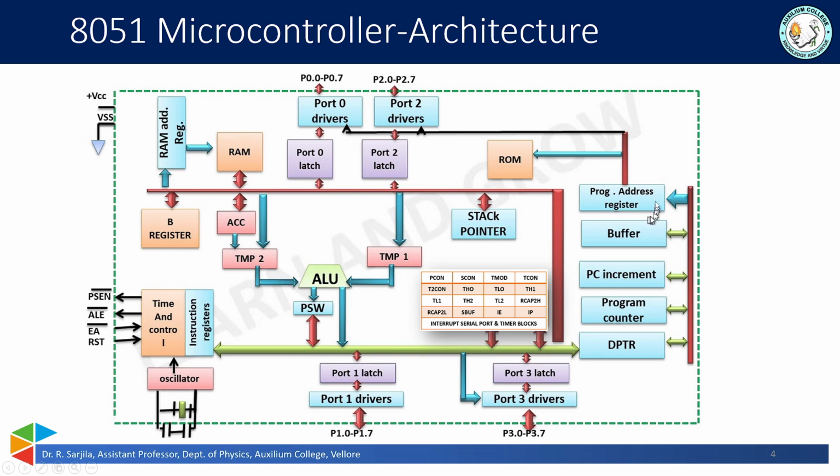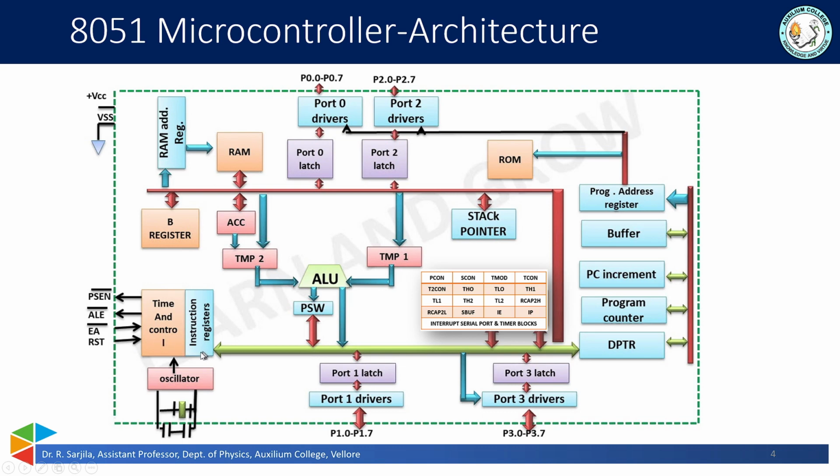Here we have timing and control and instruction register. In this control and timing unit, control signals like PSEN bar and ALE bar, EA bar and RST bar are provided. So all these signals are provided by the timing and control unit.